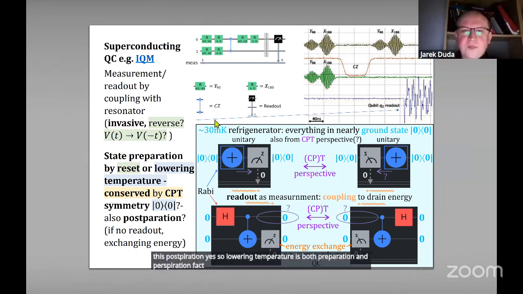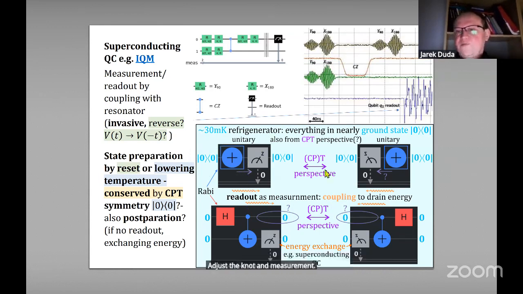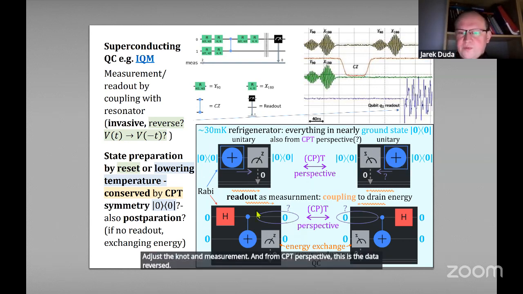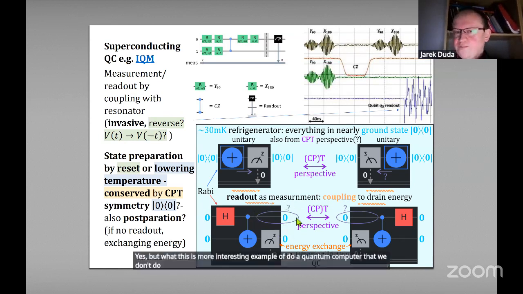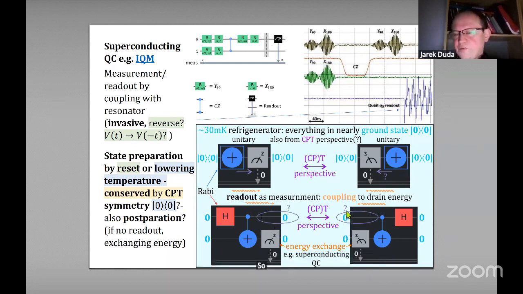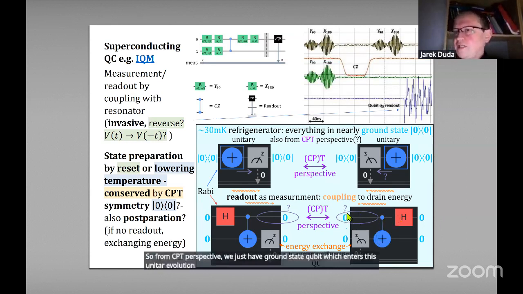We can think about simpler situations. For example, if you have just a NOT and a measurement, from the CPT perspective this is reversed. But a more interesting example of a two-way quantum computer is one where we do not measure this qubit. From the CPT perspective, we just have a ground state qubit which enters this unitary evolution, so it should act as a state preparation.